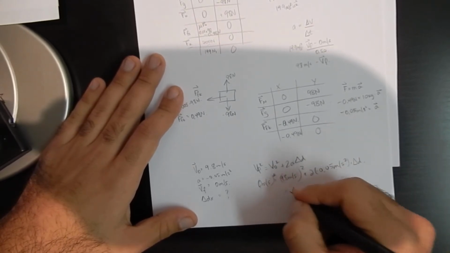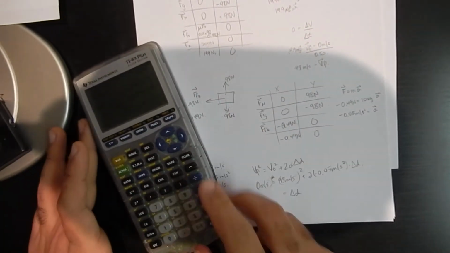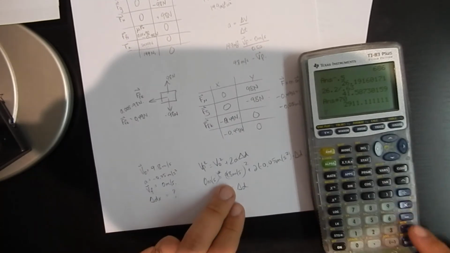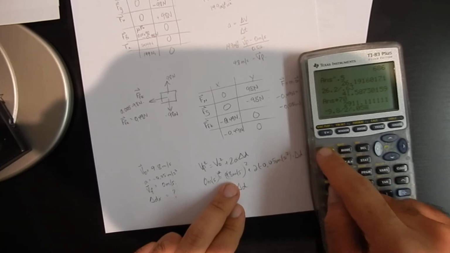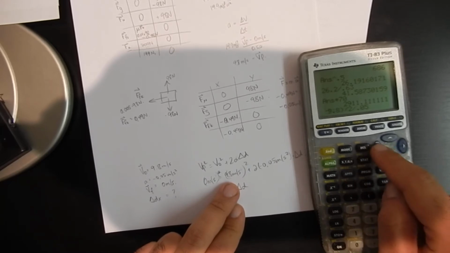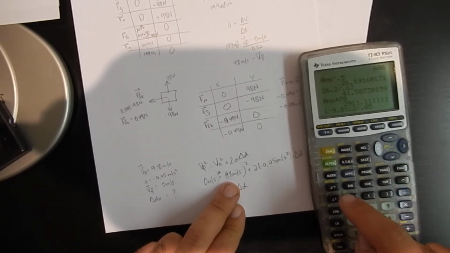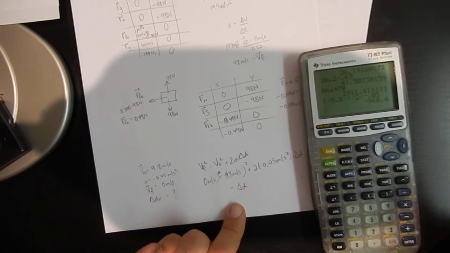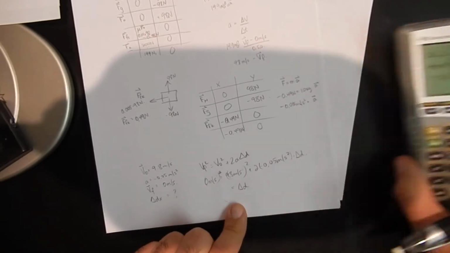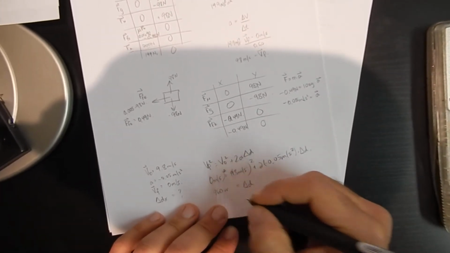And delta d, if I do the algebra, is equal to 960 meters.